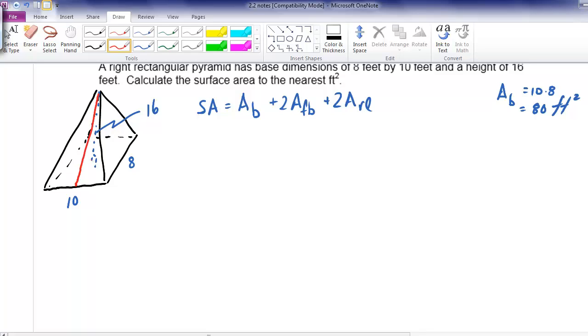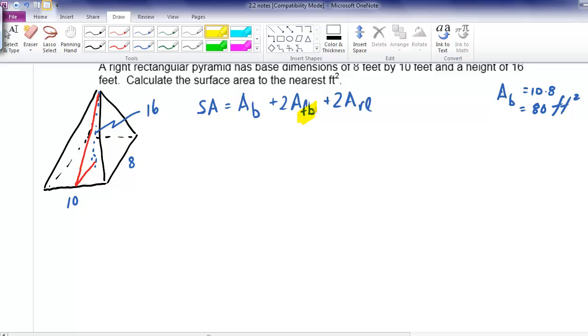And the other thing I hope you recognize is that in order to figure that out, you have to use good old-fashioned Pythagoras. So let's do this calculation. We'll keep it in red. Remember, this is the slant height of my 2 triangular faces that I'm calling front and back.